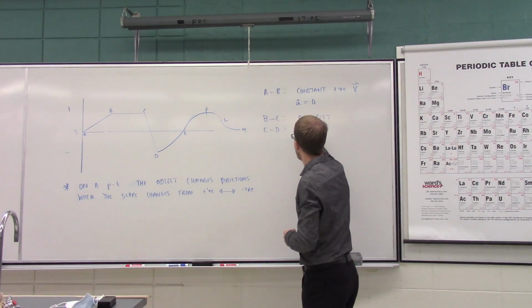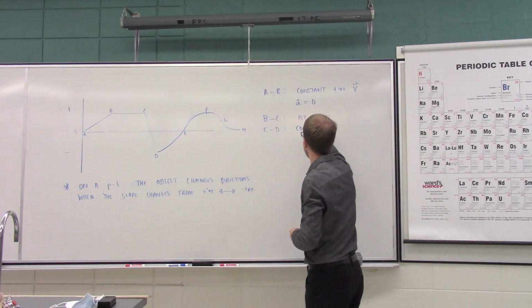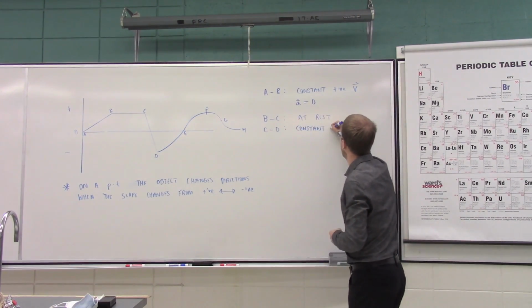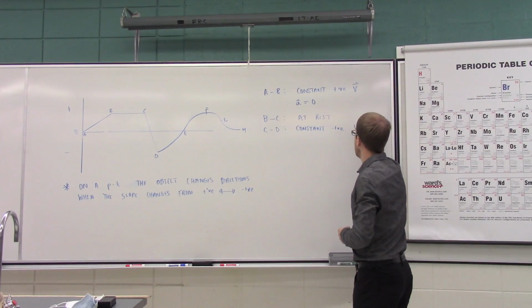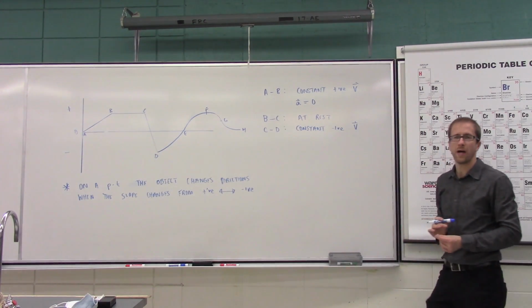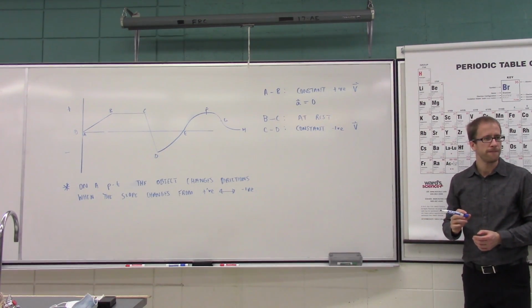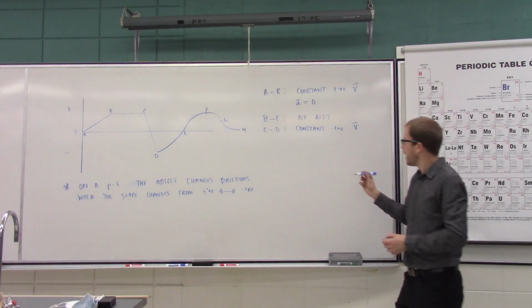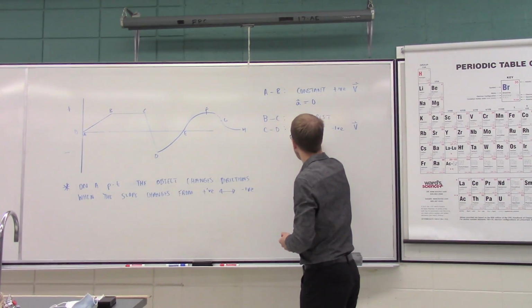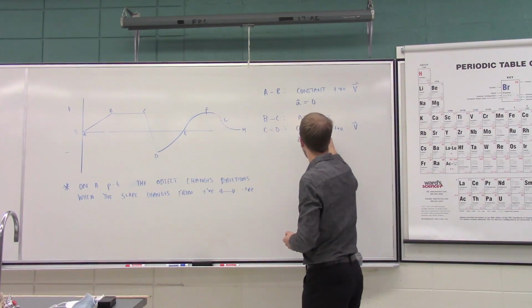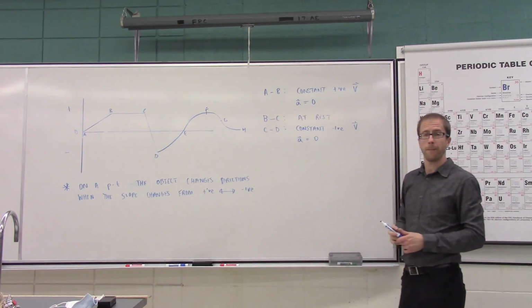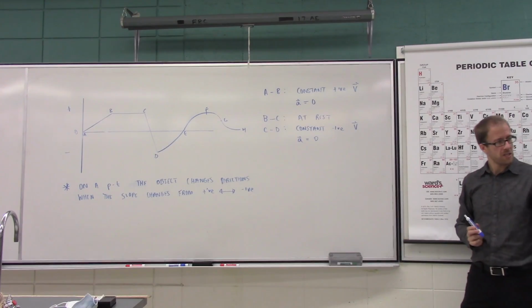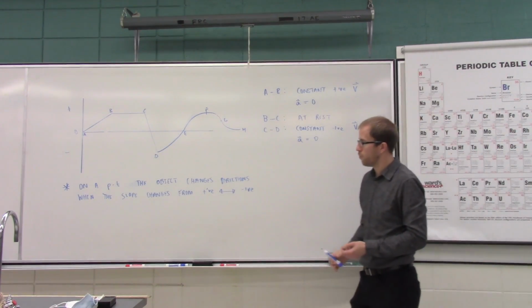So here we have a constant negative velocity. And if my velocity is constant, do I have an acceleration? No. As I walked around, I noticed a lot of you said that our object was speeding up. It was not, right? Our slope wasn't changing, therefore our velocity wasn't changing.